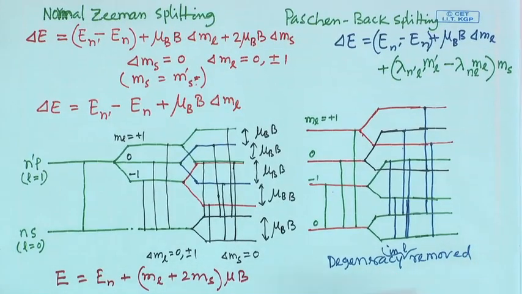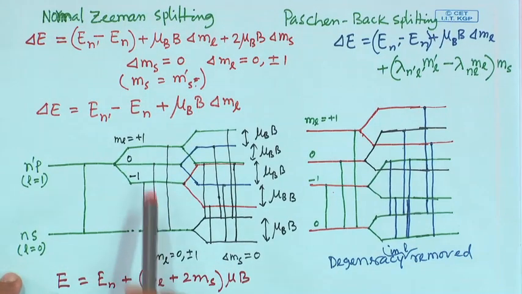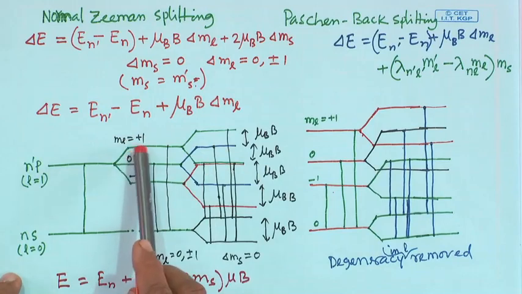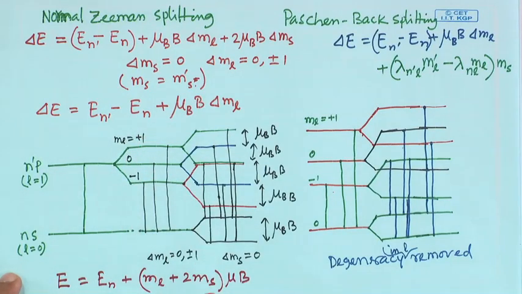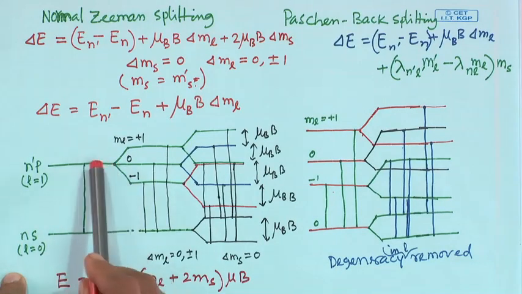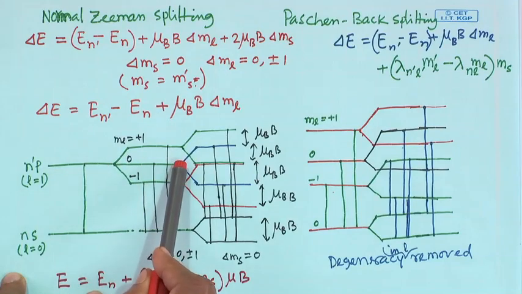Then it will be easier for me to explain. So, now you see, for m_l equal to plus 1, 0, minus 1. For m_l equal to 0, the energy will remain E n, or E n dash, whatever.